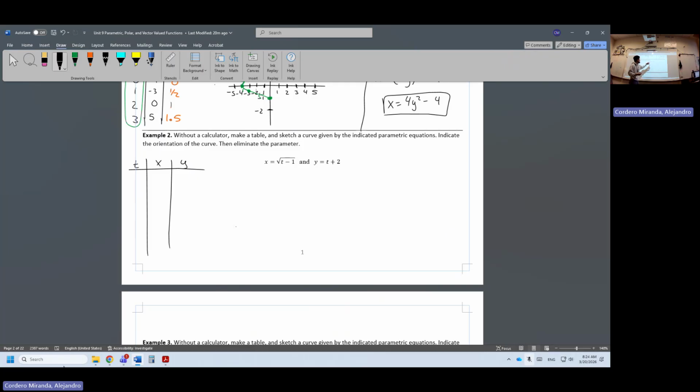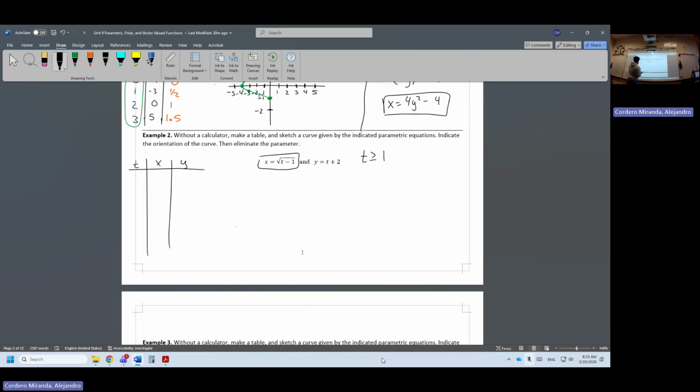So I said for convenience, this X equation would be undefined if we chose numbers smaller than 1. So I said go from, let me check my key. Yeah, I just said make T be bigger than 1, or at least 1.